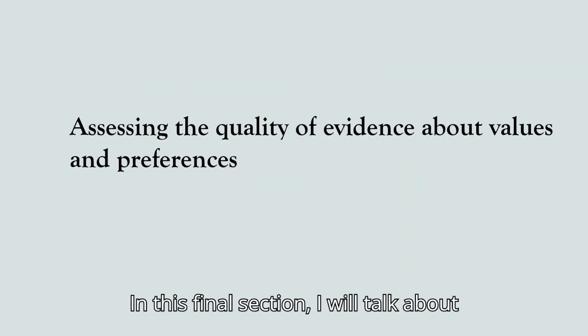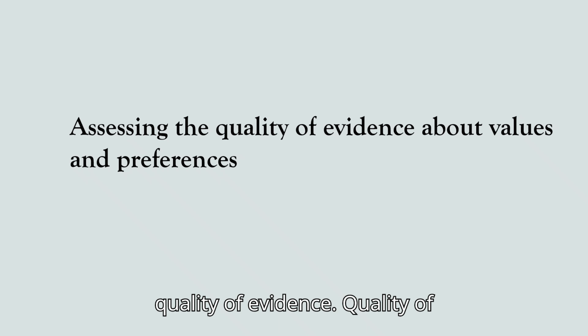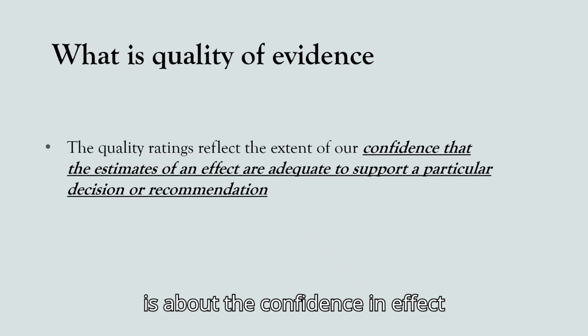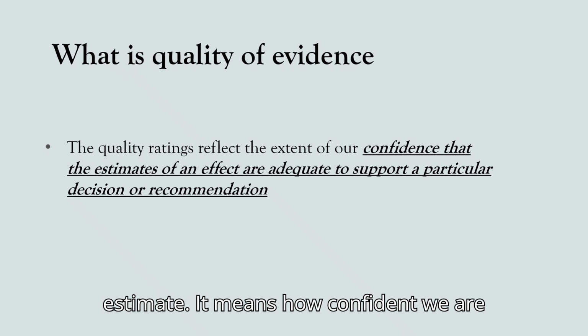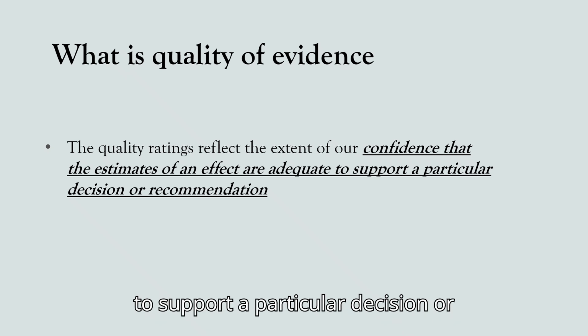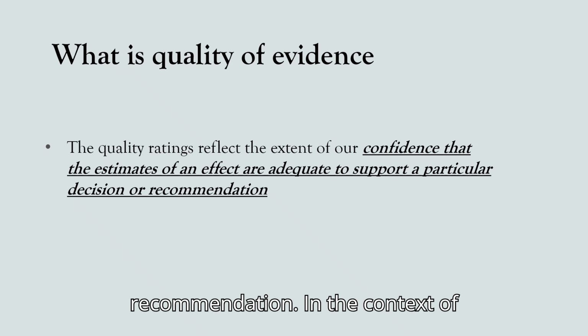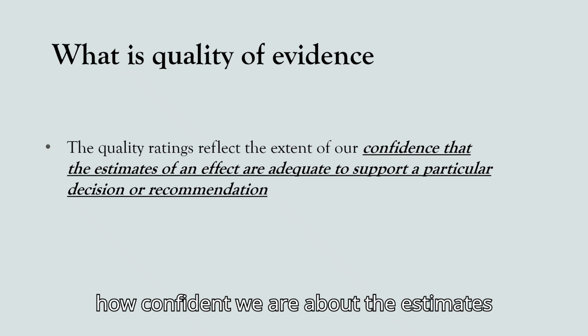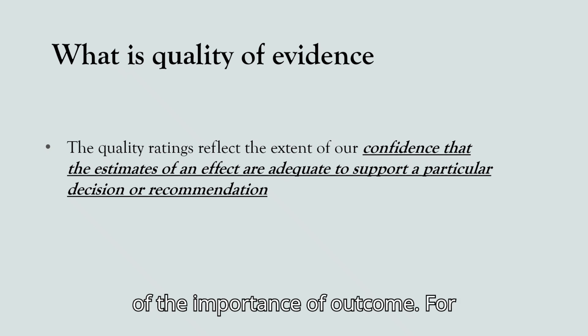In this final section, I will talk about quality of the evidence. Quality of evidence, as we have introduced before, is about the confidence in effect estimates. It means how confident we are that the available evidence is adequate to support a particular decision or recommendation. In the context of values and preferences reviews, it means how confident we are about the estimates of the importance of outcomes.